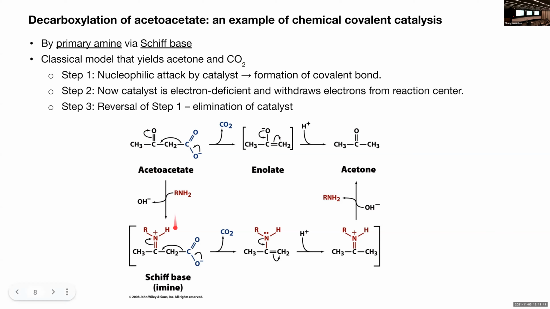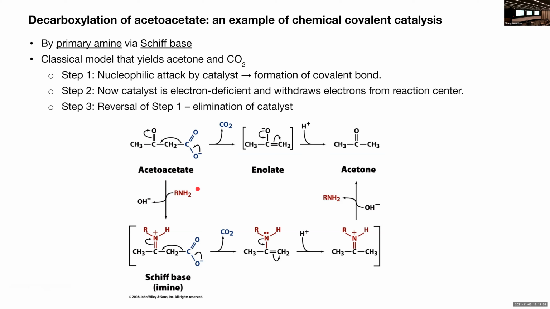Let's take a look at how it proceeds and where the covalent bonding is involved. Again, this has to be covalent bonding between the enzyme and the substrate to form the intermediate state pretty strongly, right?